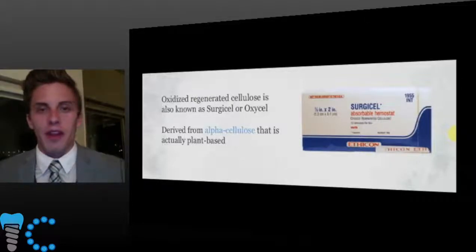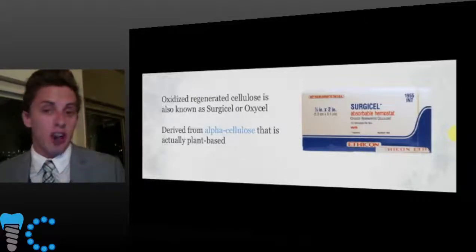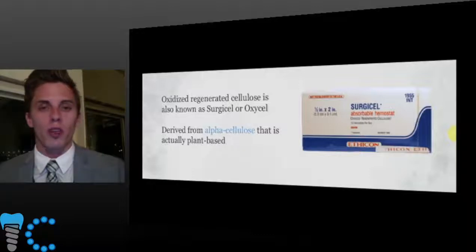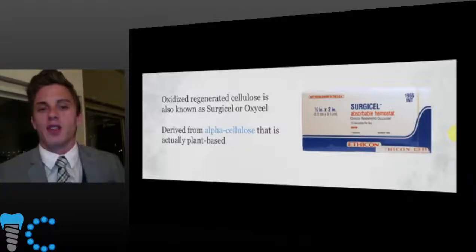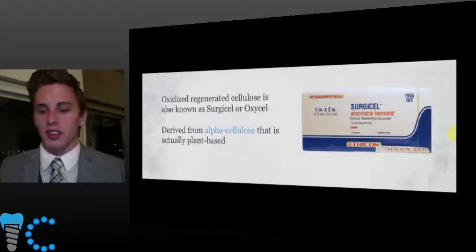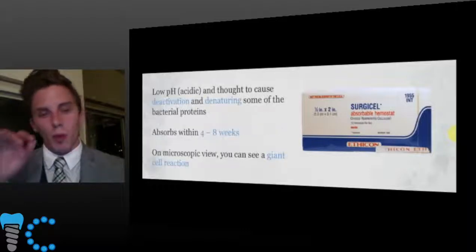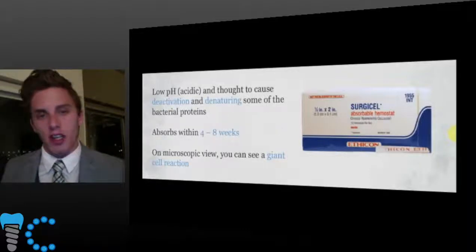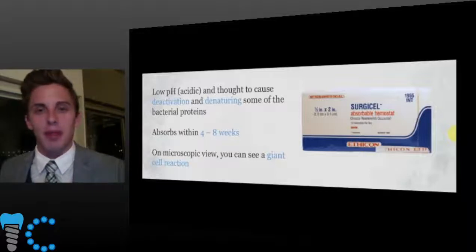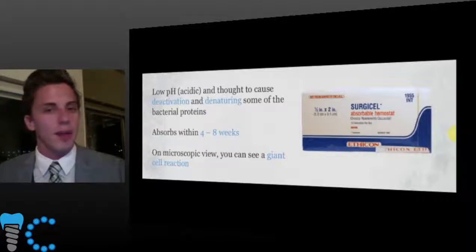So they did use Surgicel, which is very common. You can use Surgicel or gel foam, but in this case Surgicel was used, and this is an oxidized regenerated cellulose. It's derived from the alpha cellulose that is plant-based. But what we need to make sure of is that Surgicel is actually neurotoxic because of its acidic pH. And this is what a lot of people don't realize.